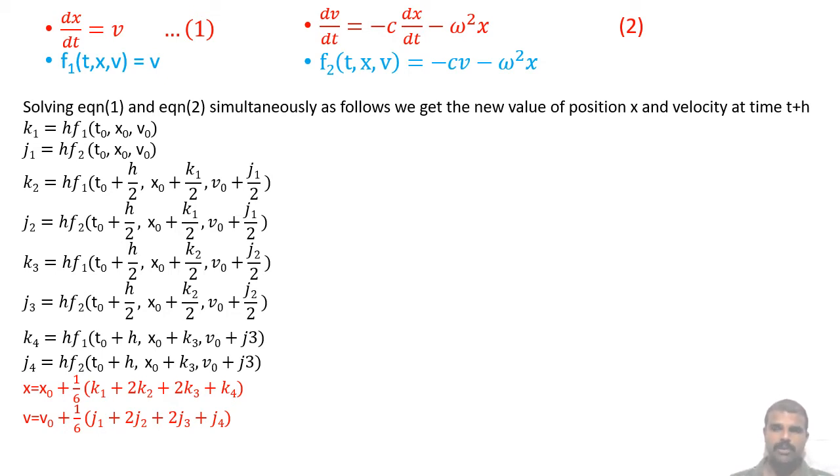Starting from t equal to 0, you calculate the position and velocity at t plus h. Then starting from the position and velocity at t plus h, you calculate the position and velocity at t plus 2h, and so on and so forth.